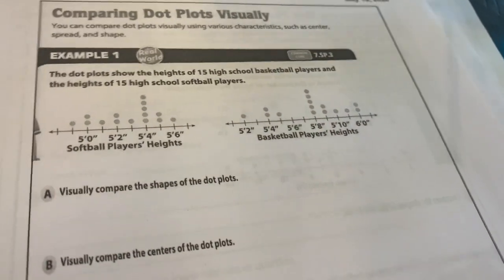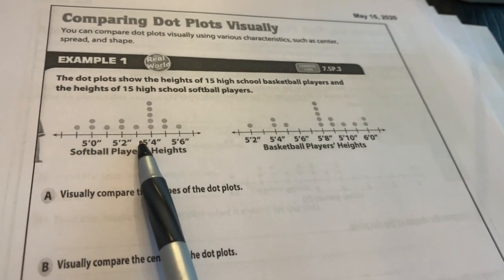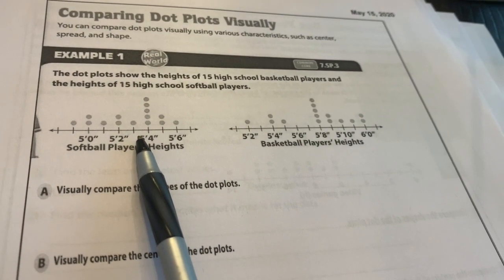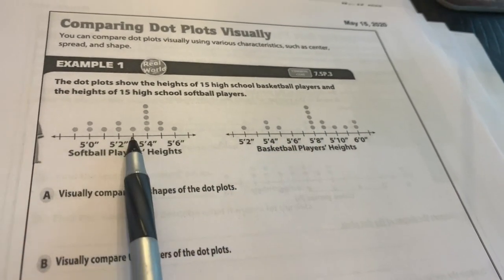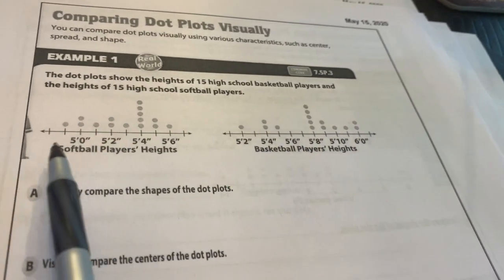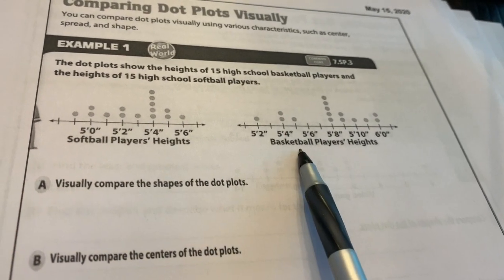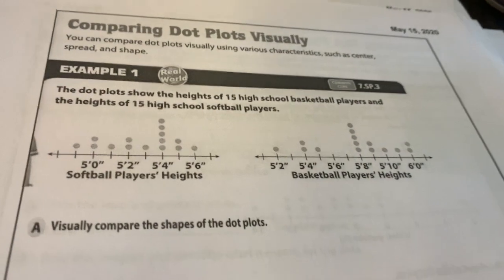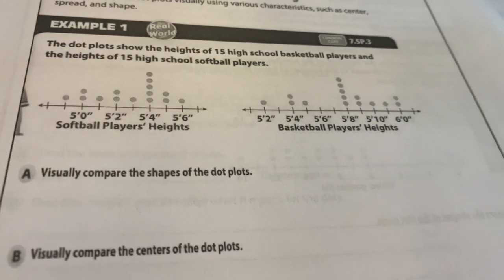So in our first example, we have two dot plots, and they each show the heights of 15 high school players. One of them shows the heights of basketball players, the other shows the softball players. So this is the softball players' heights, and this is the basketball players' heights. So first thing we're going to do is visually compare the shapes, okay?